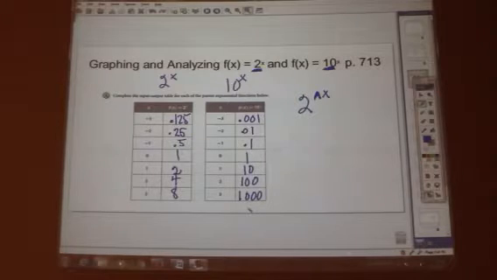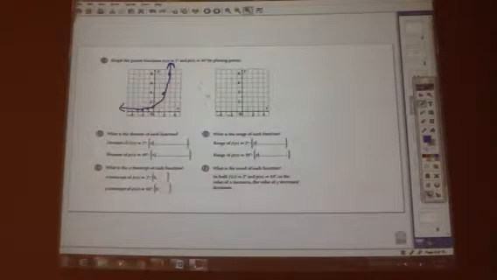So let's graph 10 to the x power at the bottom of page 713 and see what that graph looks like. If I plot -3, 1/1000, it'll be very, very close to the axis. -2, 0.01, really close to the x-axis. -1, 0.1, really close. 0, 1. 1, 10. 2, 100, which is way off of our graph.